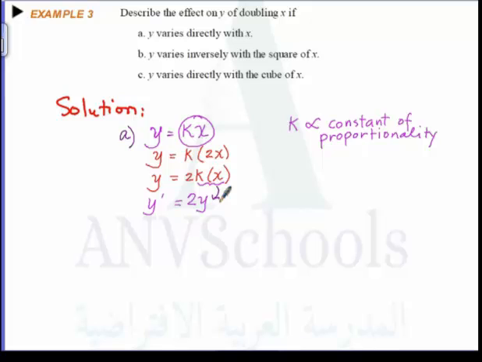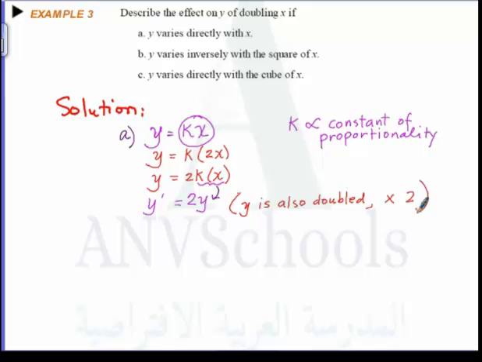We get twice the value of y. So y is also doubled, and that means that we multiply it by 2.